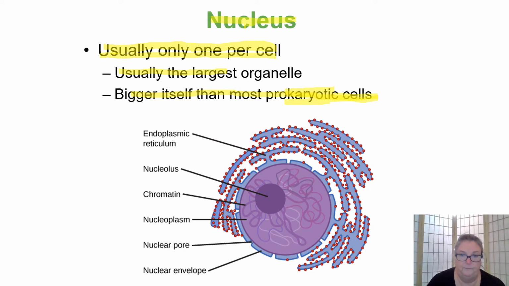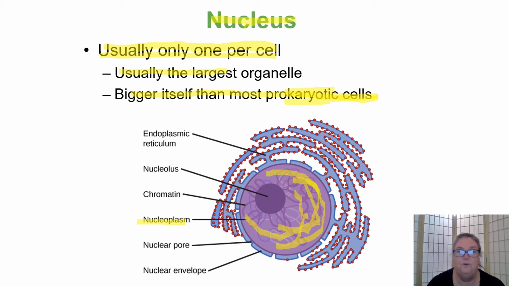All right. Again, our nucleus is represented in purple, but it is not purple. The nucleus contains the DNA. The nucleus contains the genetic material. And inside of the nuclear envelope, we call that stuff nucleoplasm. Nucleoplasm is our gel-like stuff inside the nucleus.